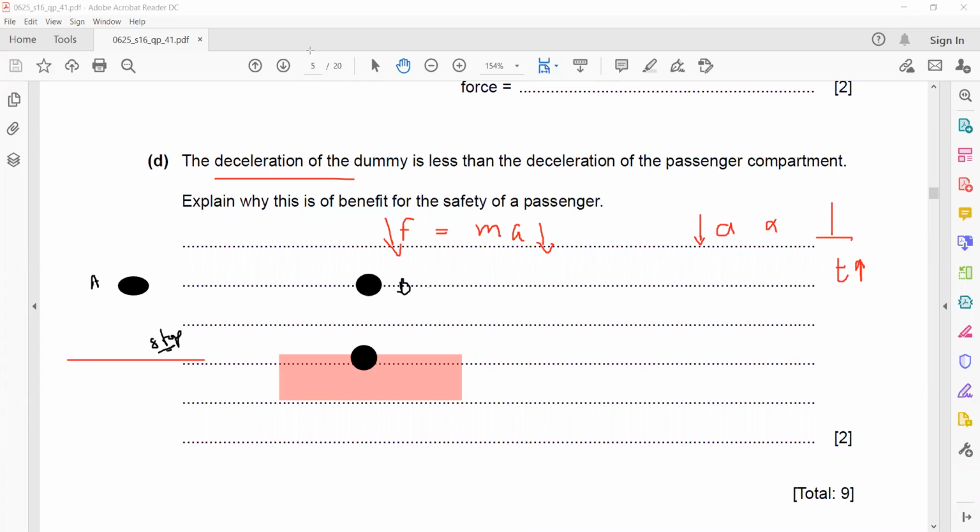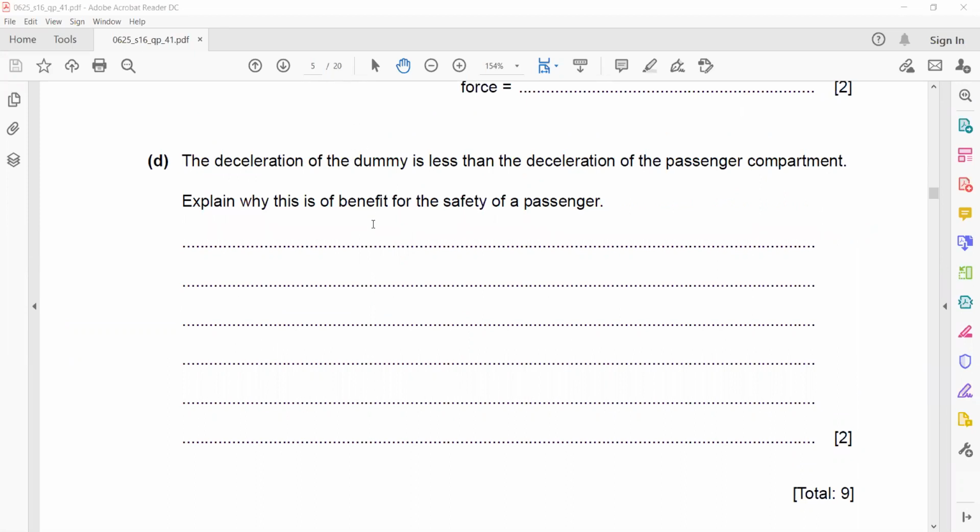When you write this answer, because some students want to explain in detail, you can use all the lines. Otherwise, what happened? The acceleration or deceleration is small, so the object or passenger will experience small force, which reduces the chance of injury.